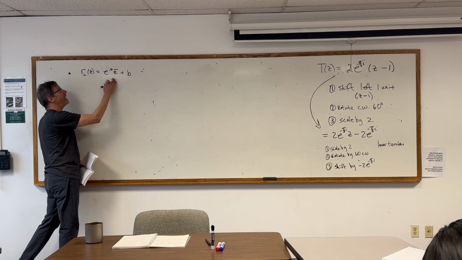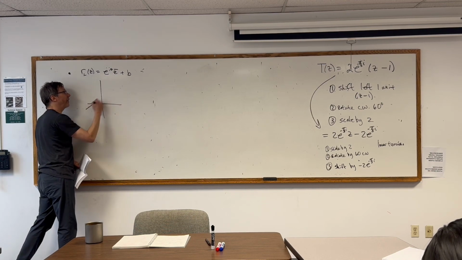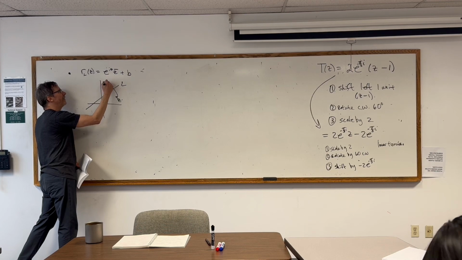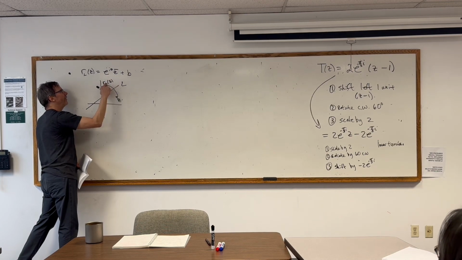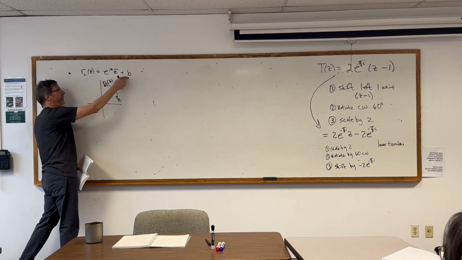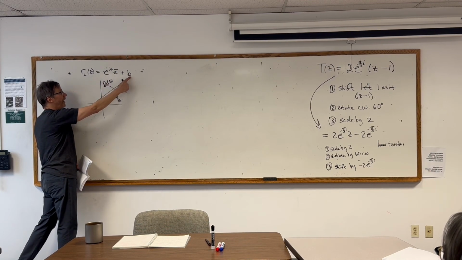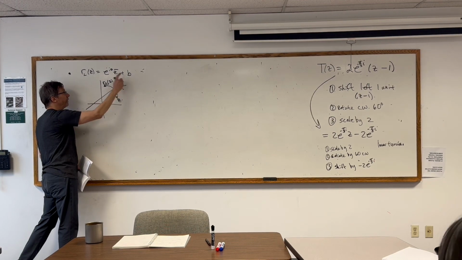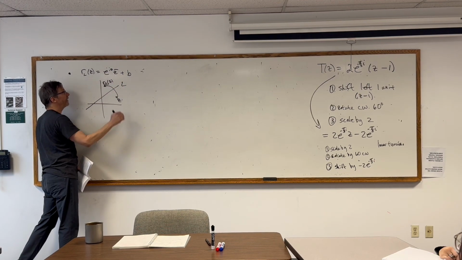So you can take every reflection across a line L. If this is z, and this is its reflected image, R sub L of z, that's going to look roughly like this, but what theta is and what b is going to vary a lot. So this is just kind of a vague sense.